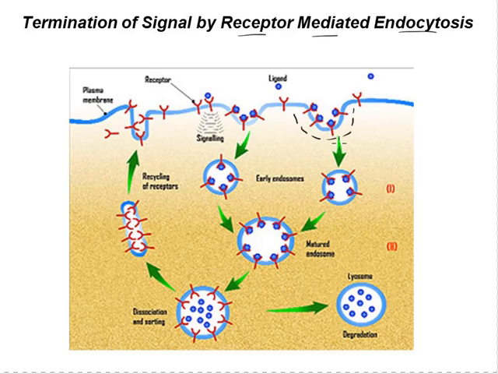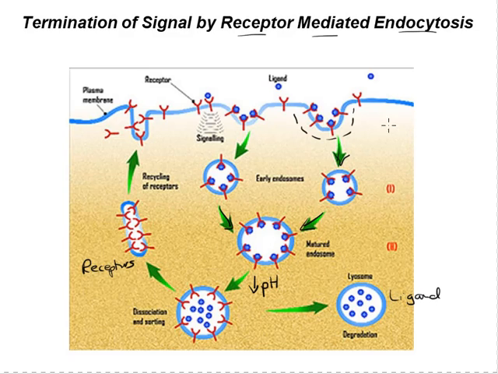The vesicle is then internalized within the cell, fuses with other vesicles to form an endosome, which then acidifies, causing the ligand to dissociate from the receptor. The endosome then sorts the receptors and ligands to separate vesicles. Receptors are recycled to the plasma membrane, and ligand is sent to the lysosome for degradation.